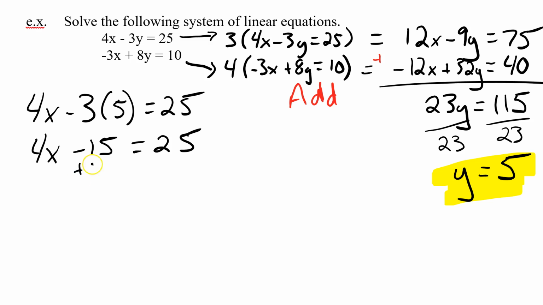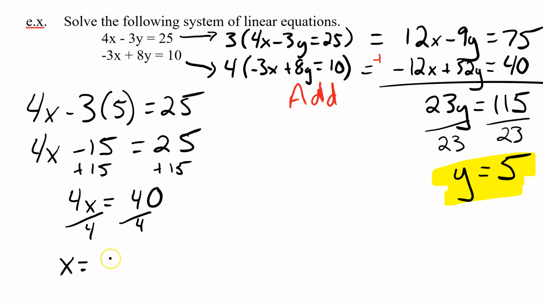I'm going to add 15 to both sides to get rid of it. 4x equals 25 plus 15, which is 40. And finally divide by 4, and my x is 10.